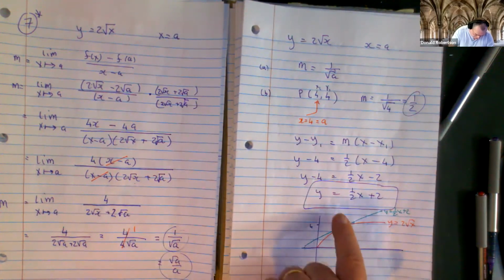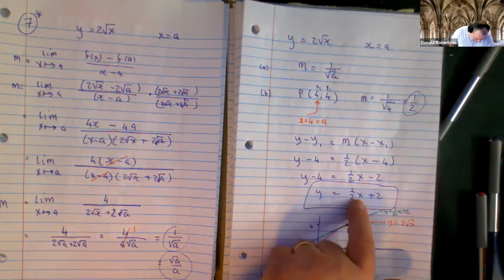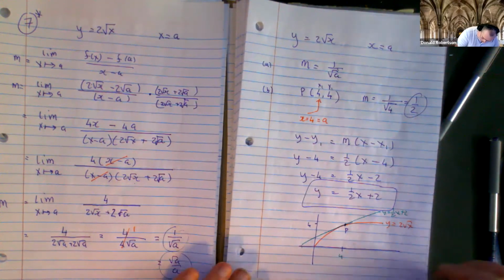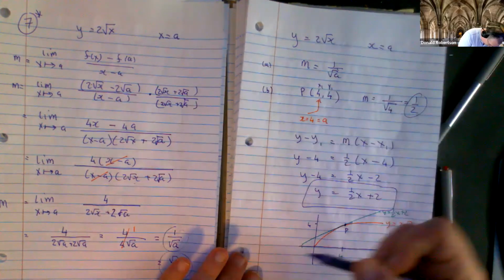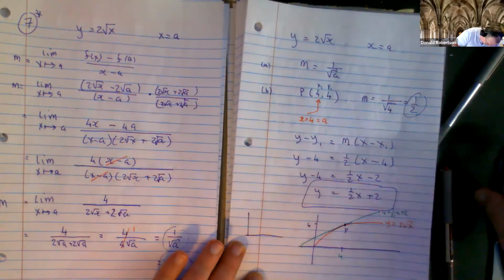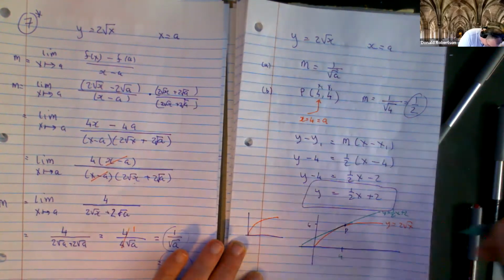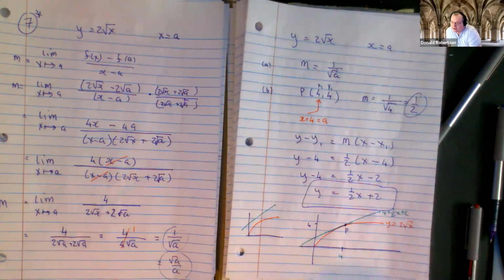Perfect. Now, if you did this wrong, right? If you somehow got the slope wrong, or you manipulated that wrongly, what you would see instead would be something that doesn't work. It would be clearly off. So you'd have your square root like that, and your tangent line would look like that. You see it misses it, and that's a sign that you've done it wrong.